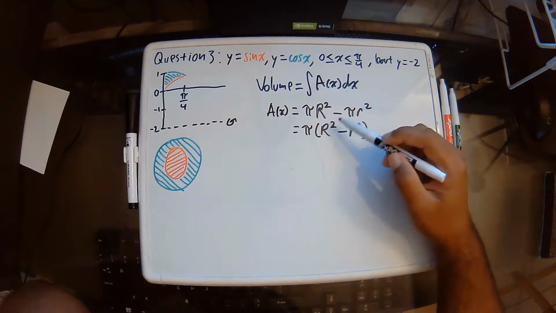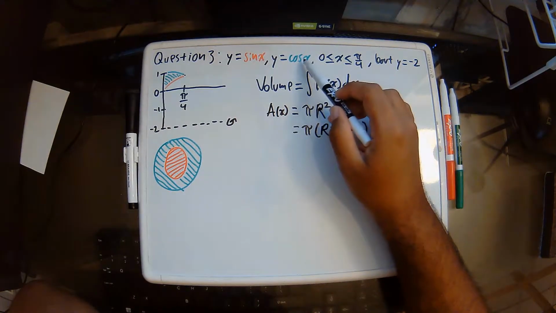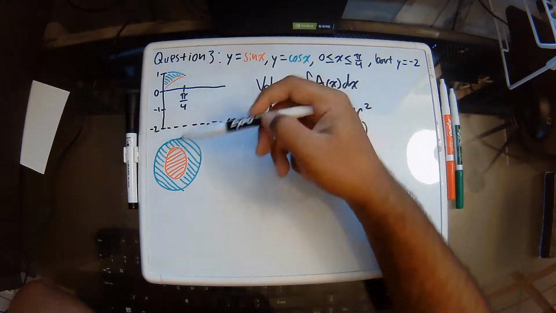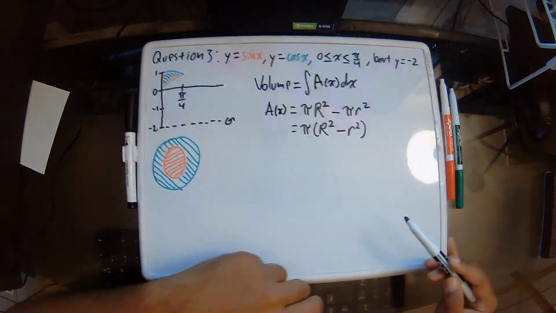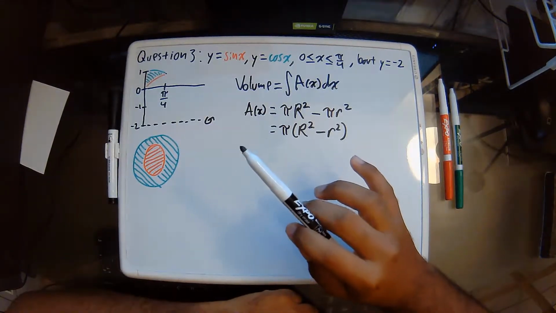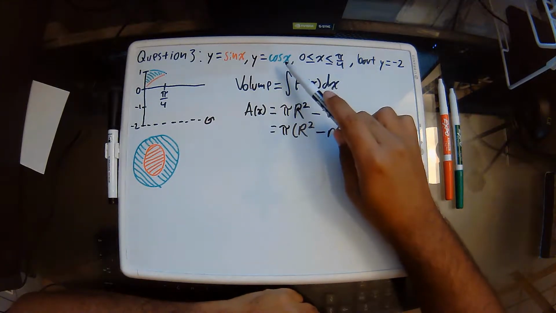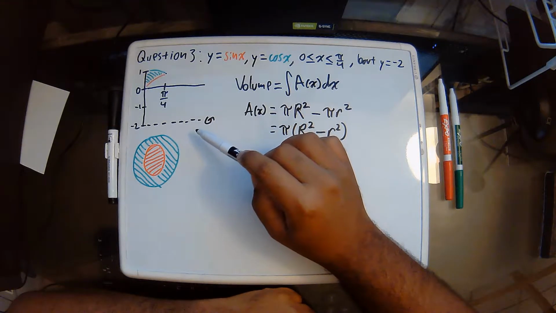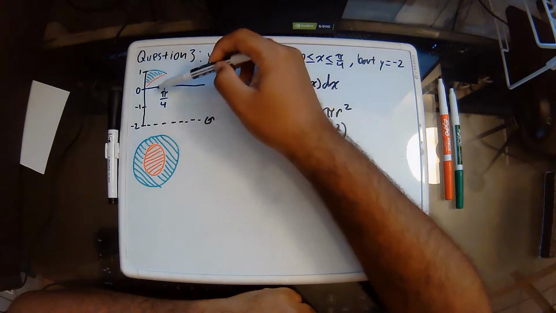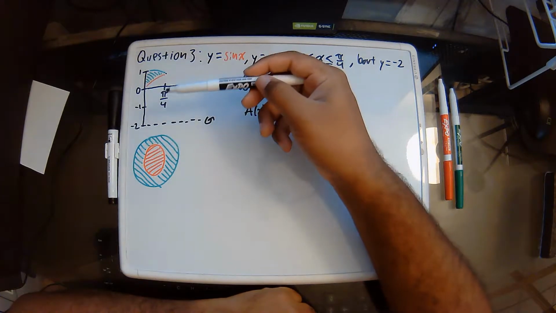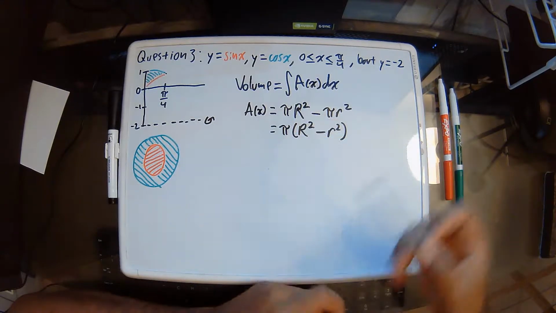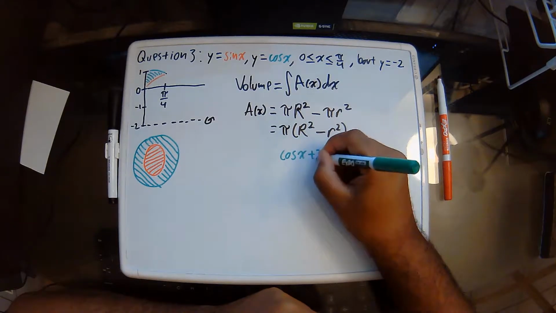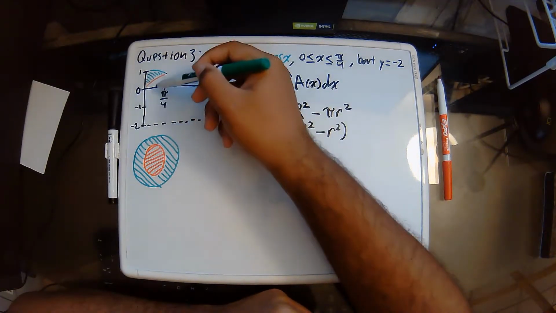Now, finding the radius, we can see that cosine is on the outside because it's on top here, and when you rotate it about the axis, it's on the outside. However, we can't just put cosine because this is being rotated about y equals negative 2. It is 2 units from that axis, so the actual radius on the outside is cosine of x plus 2, because it's 2 units from it going up.